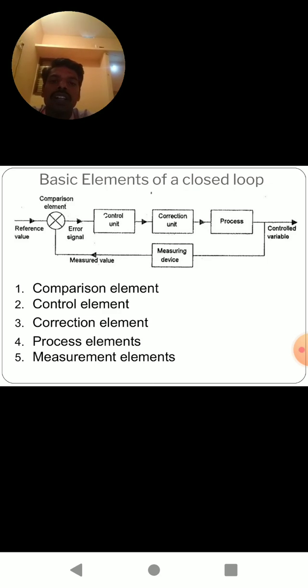So we already discussed the basic elements of a closed loop system, which we presented here. The image shows, for more understanding, how the basic elements work in a sequential manner to form any plant or to perform any process outputs.